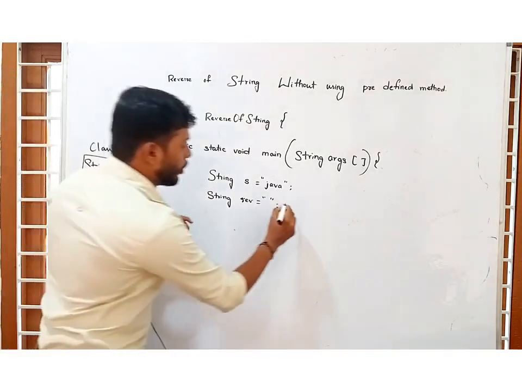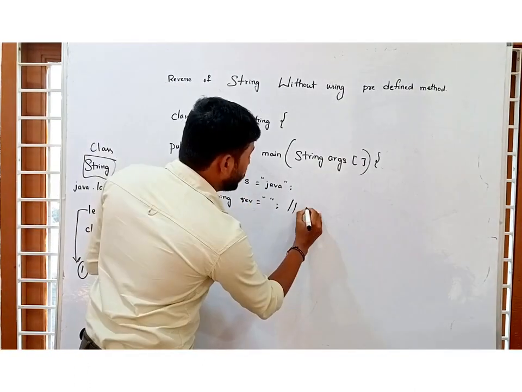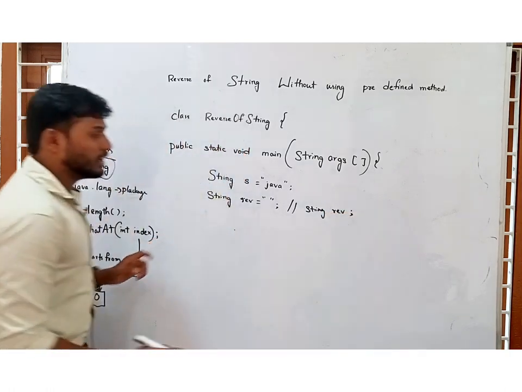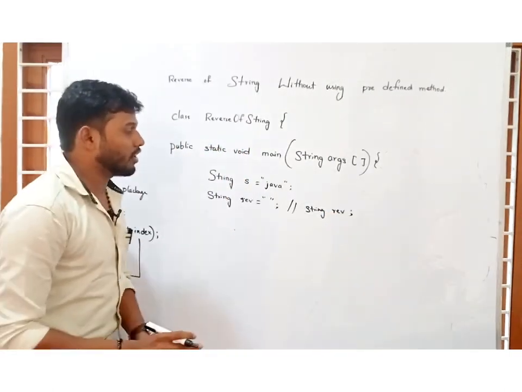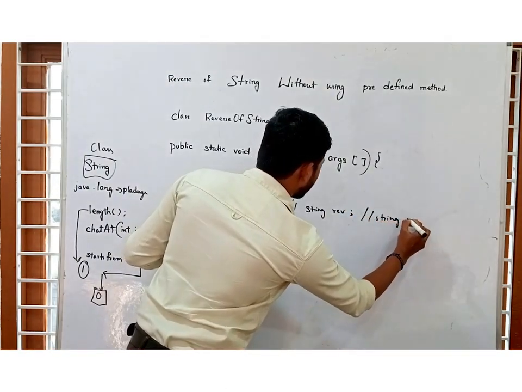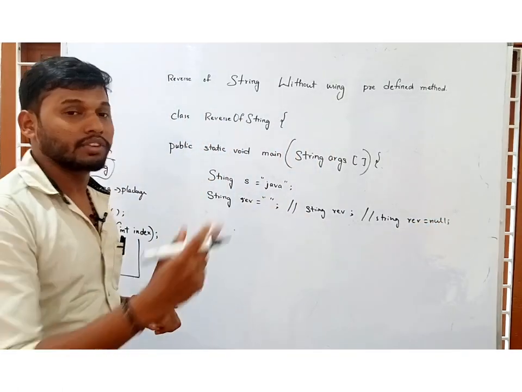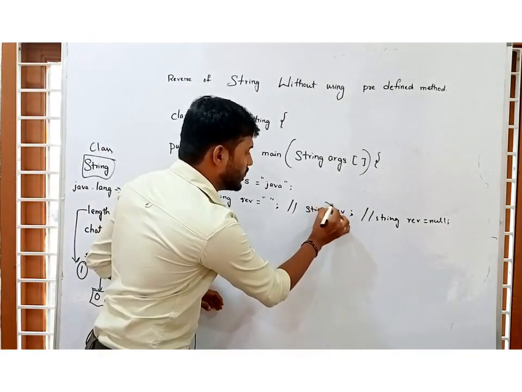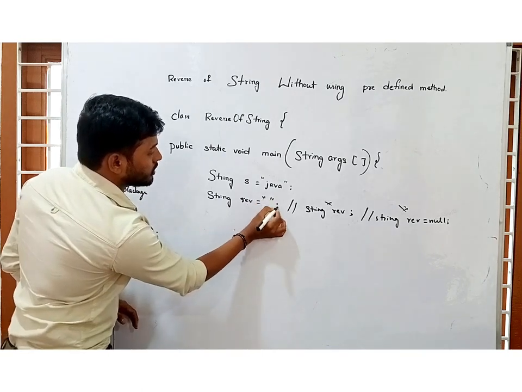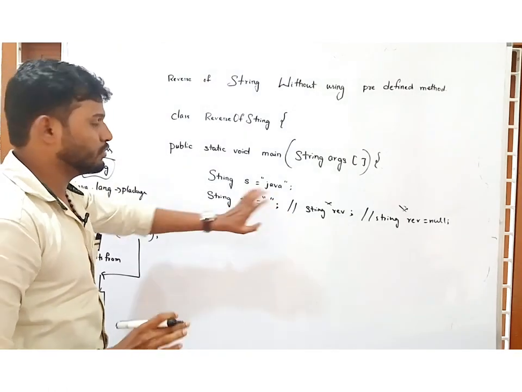There is a noting point: it is a local variable, so it will not accept default values. When we declare it without initializing, it will give a compile time error, variable was not initialized. If we give it null, it will print null as well with our execution. So we don't go this way. The string initialization should be reverse equal to empty double quotes.